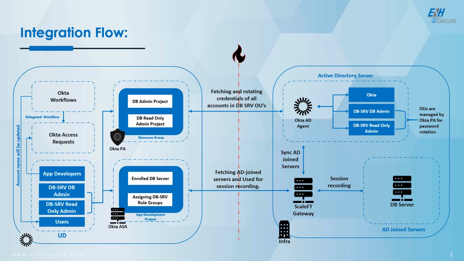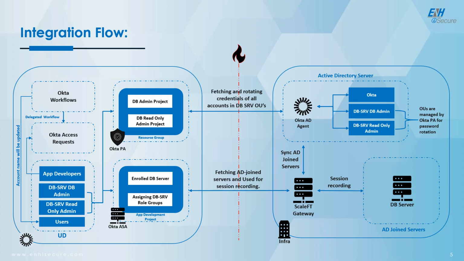Let me walk through the integration flow that leverages four major Okta components to create a secure and efficient access management solution. First, Okta Access Request. This controls user access by allowing users to request access, which can be approved or denied based on rules. Second, Okta Privileged Access.